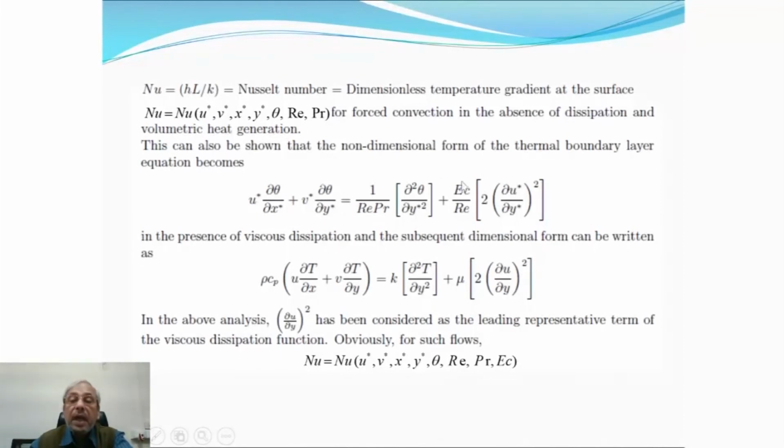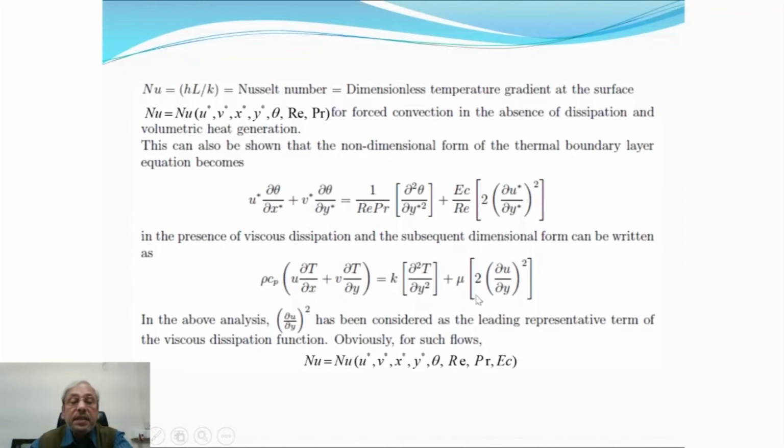Just its analogous dimensional form. So in the above analysis, del U del Y square has been considered as the leading representative term of the viscous dissipation function. I have already explained it.